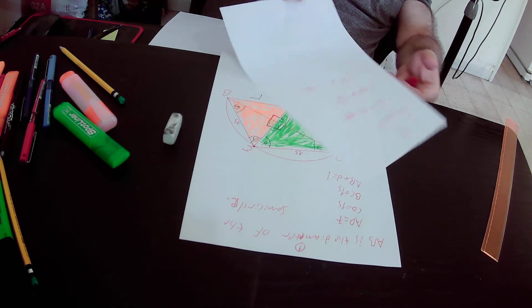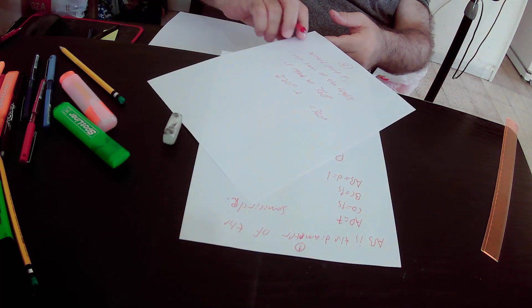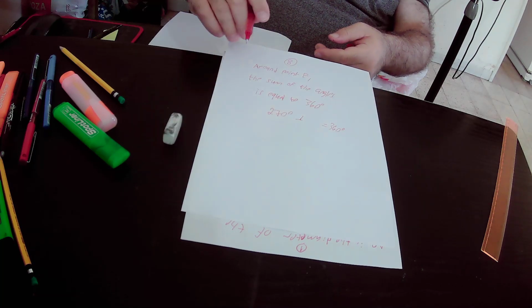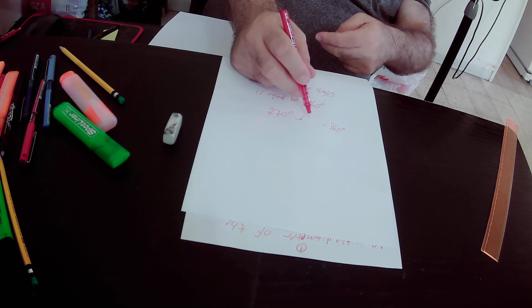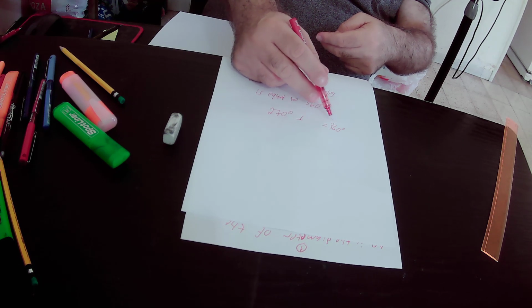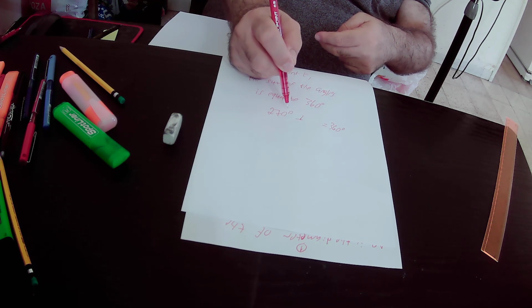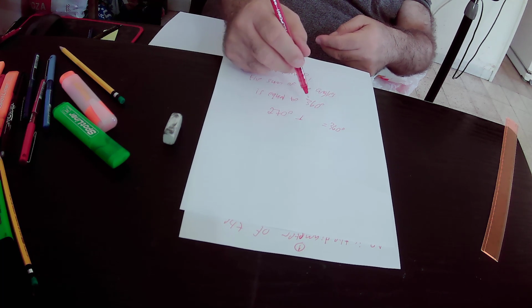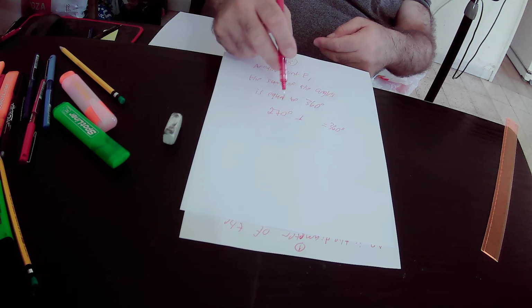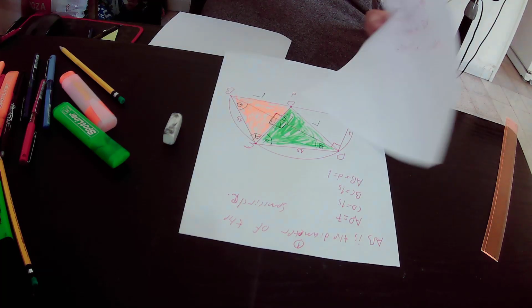So here the fourth angle must be equal to 90 degrees in order to complete the sum of the four angles to 360 degrees.